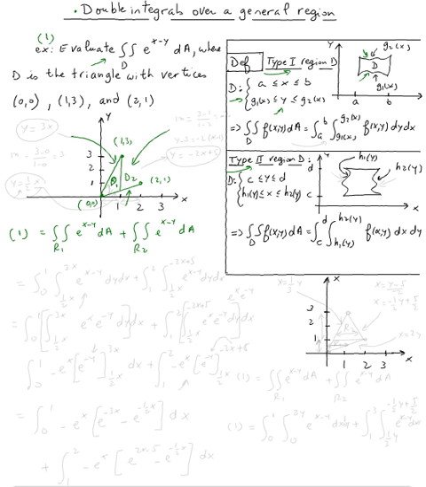Alright, what's next? Next we need to find the equations of these functions. The slope for this one will be 3 minus 0 over 1 minus 0, which is equal to 3. The y-intercept is 0, so y equals mx plus b, which is 3x plus 0, so it's 3x.